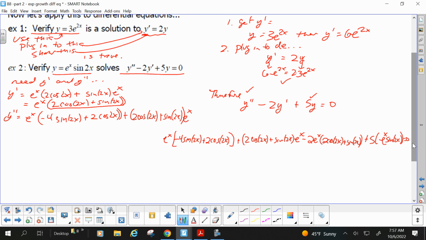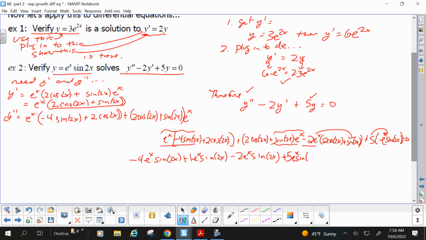let's look at all the ones that will be sine. I'm going to have negative 4 e to the x sine of 2x there, and plus 1 e to the x sine of 2x there, and then negative 2 e to the x sine of 2x there, and positive 5 e to the x sine of 2x there.